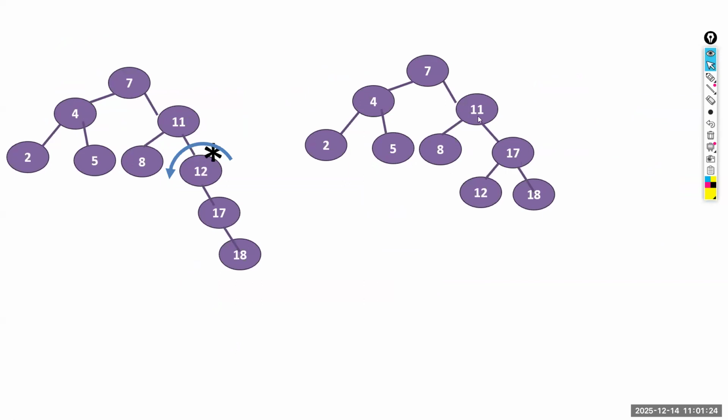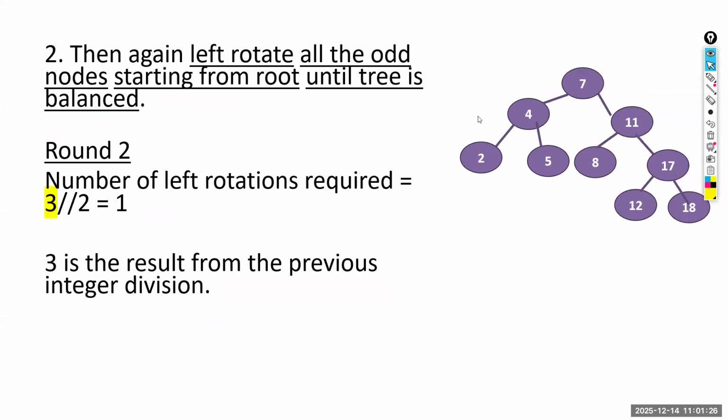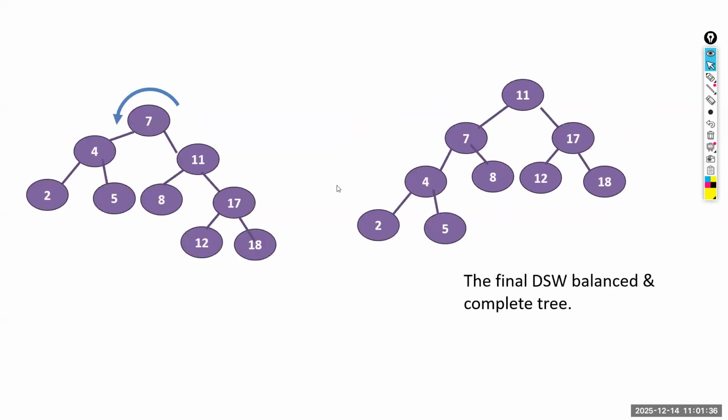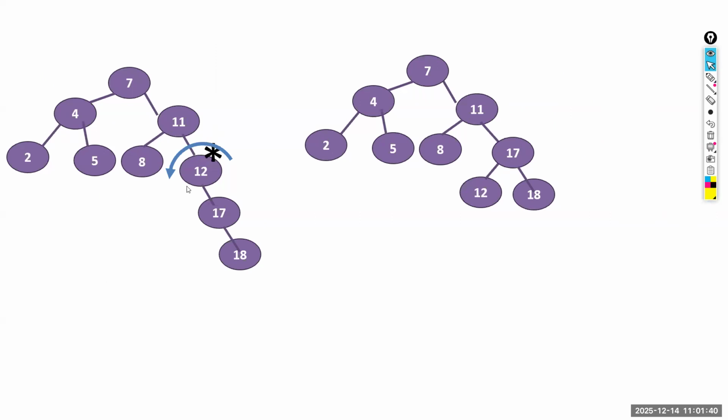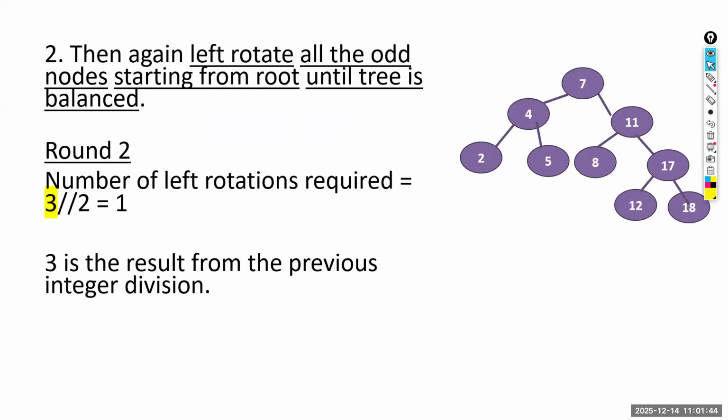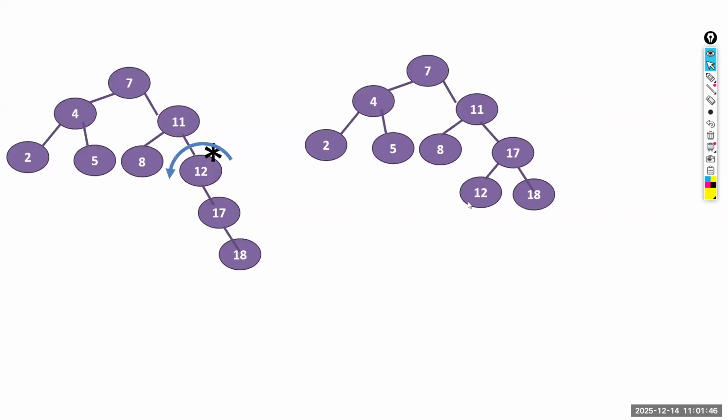Done. Right, so now we have got into this level. Now again you need to mark your values and do a rotation, because now we have reached the end. Reached the end. And now it is like this.